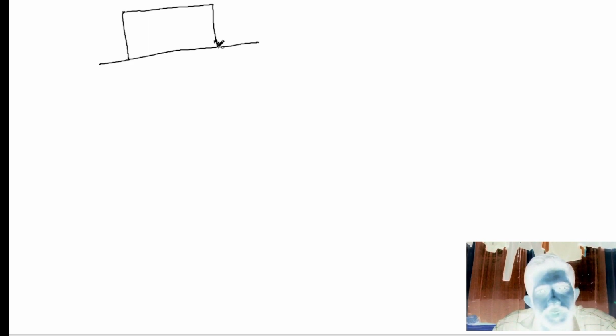So we can define friction like this. For example, this is a block of mass 10 kg, and with some force we are moving it in the rightward direction.